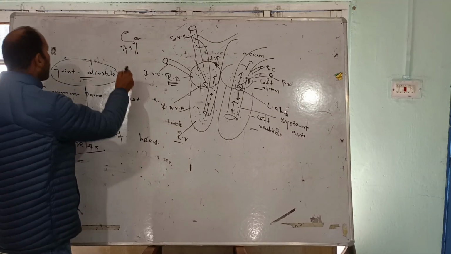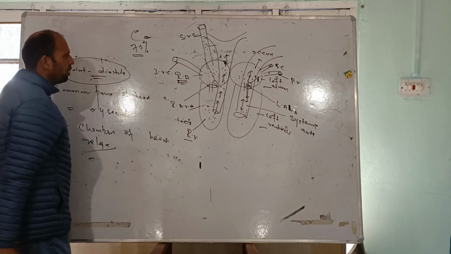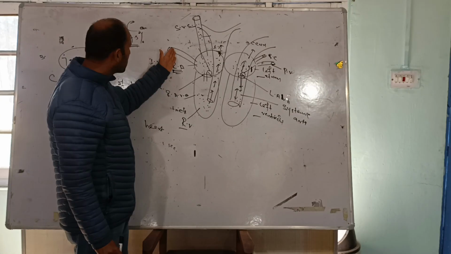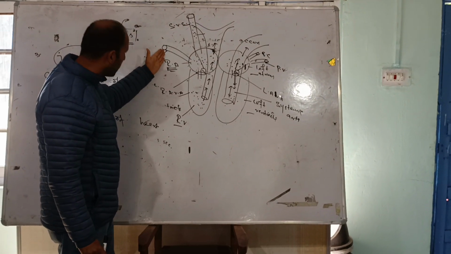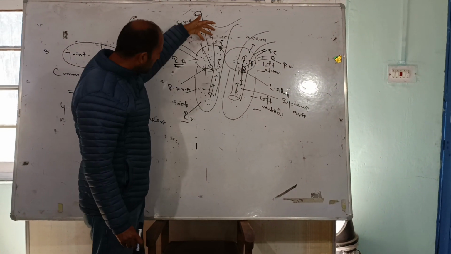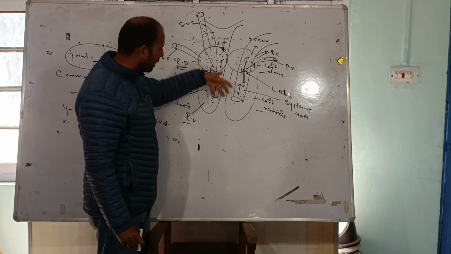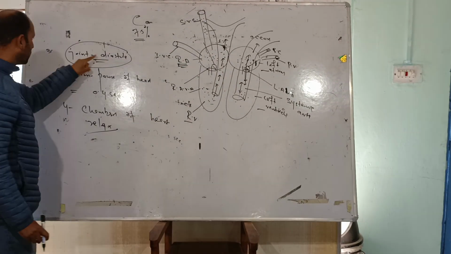So near about 75% of the blood enters directly into the respective ventricles from the great veins, superior vena cava, inferior vena cava, and pulmonary veins, during the joint diastole.